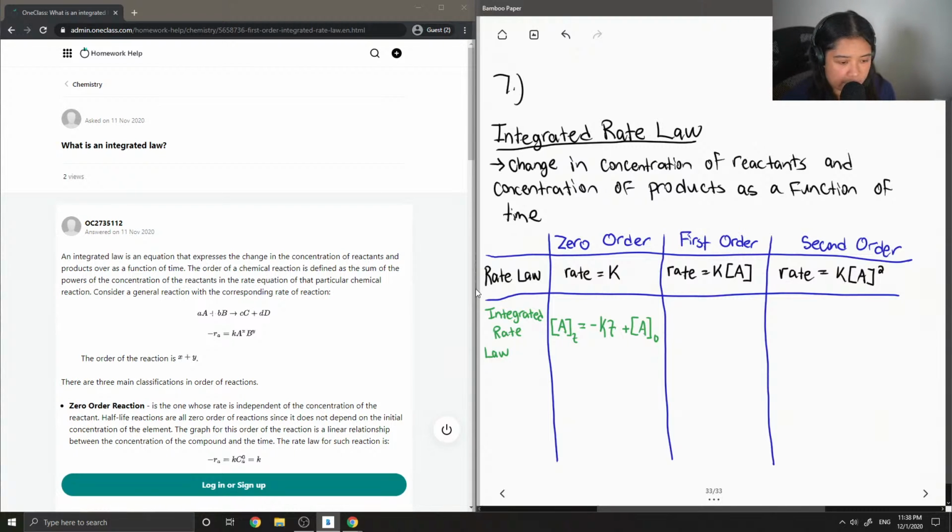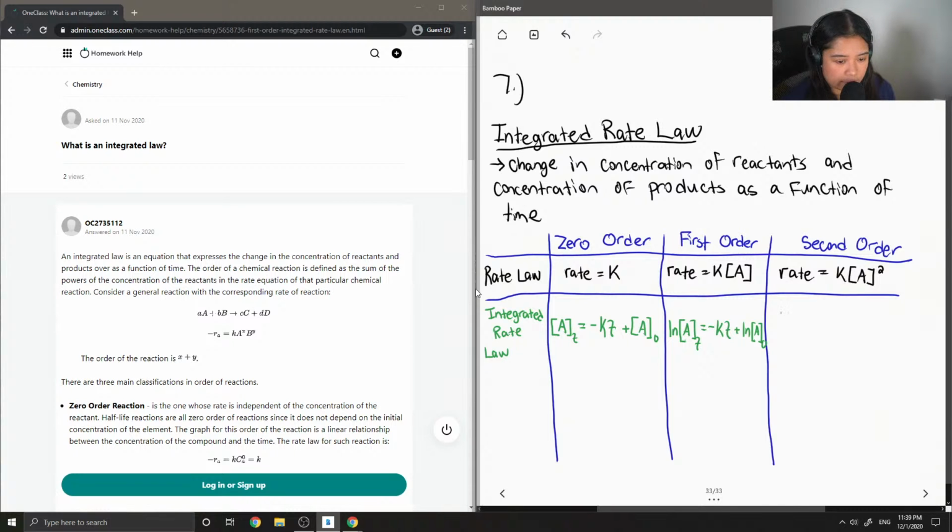For a first order reaction, it's ln of your concentration of your analyte at a given time is equal to negative Kt plus the ln of your initial concentration. Okay, so notice how it's a similar format to our zero order, except now you just have a ln involved as well.